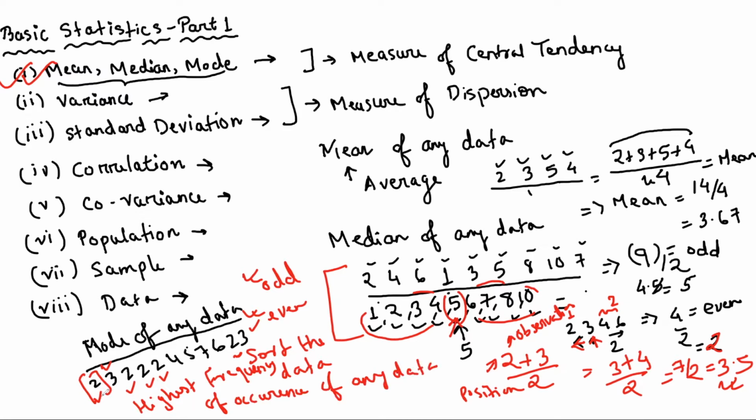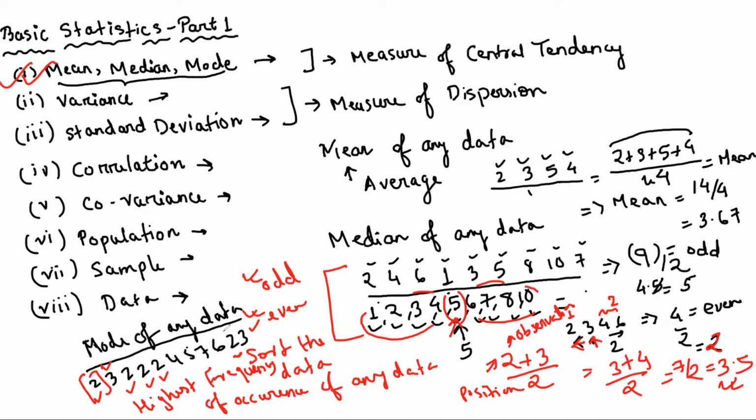So in this case, 2 has occurred multiple times. 5 times 2 has occurred. 1, 2, 3, 4, and 5. Whereas 3 has occurred only 2 times. So 3 cannot be the mode. So the mode is 2. So in this way, we calculate the mode.